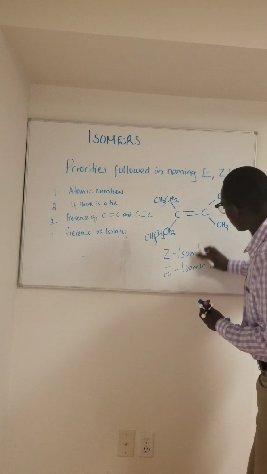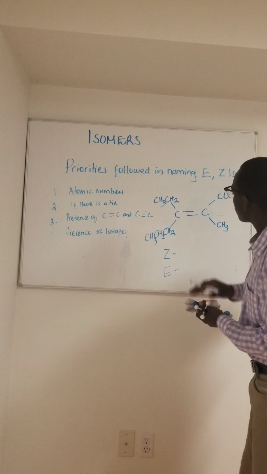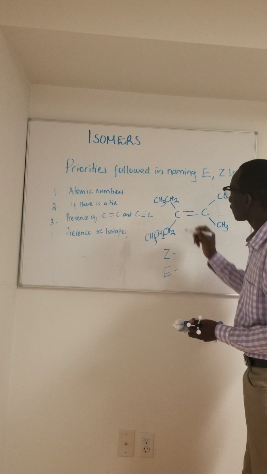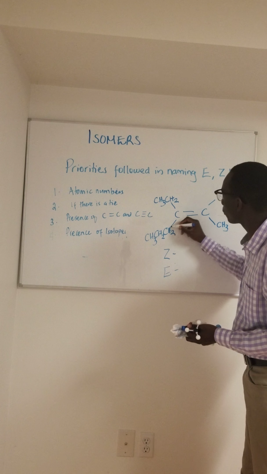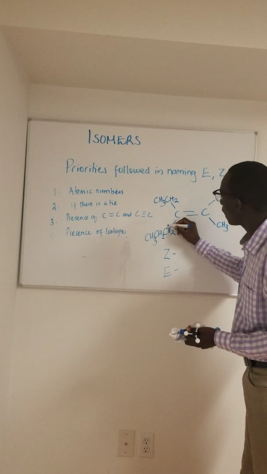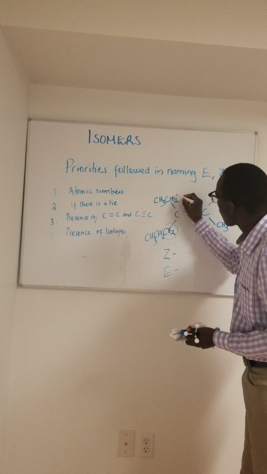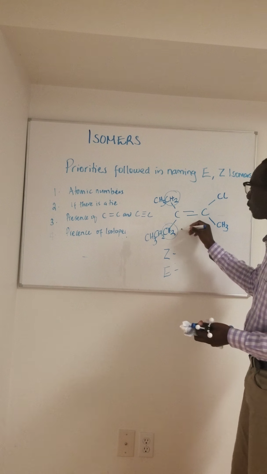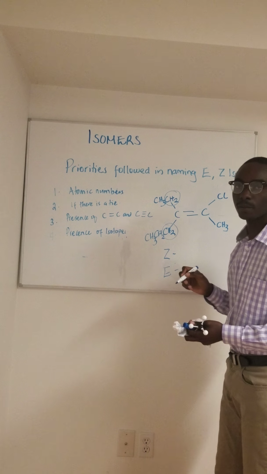When you look at this carbon, it is bonded to another carbon and another carbon. Now that's a tie, because these two carbons are both bonded to two hydrogens. So this and this are the same. From that we jump to the next available atoms.